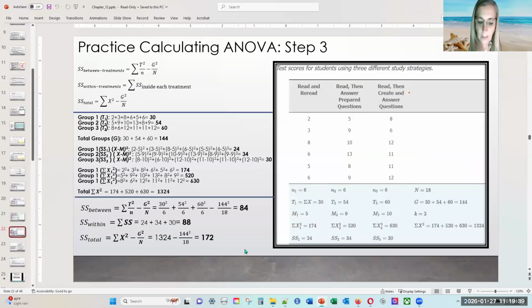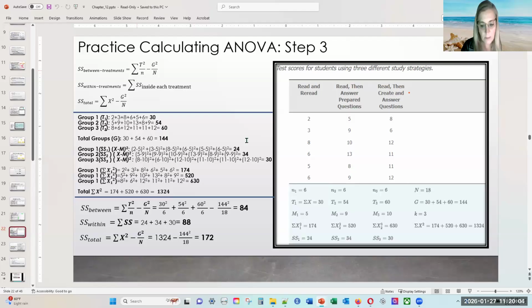All right, here are the calculations. And up here you can see how we calculate the sum of squares for each of those scenarios: between, within, and the total. If we look at the between treatments, you can see we take the total, square it, and divide by n.